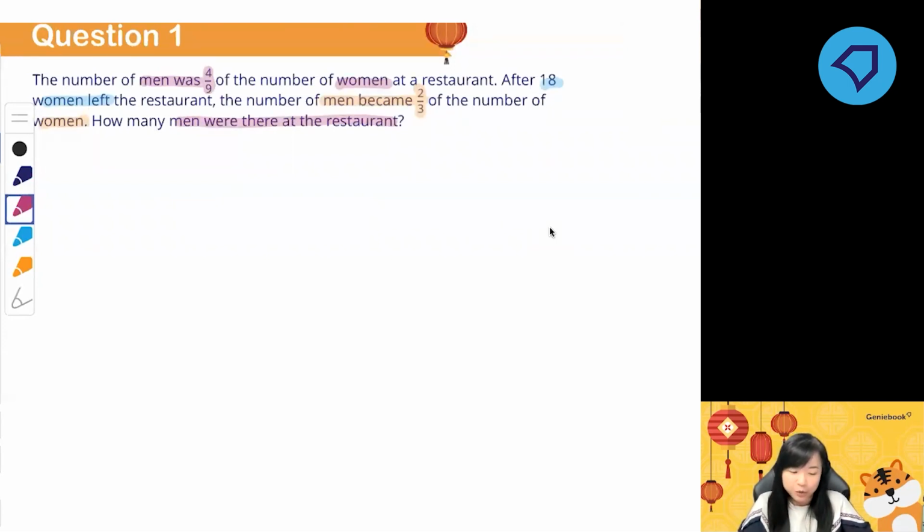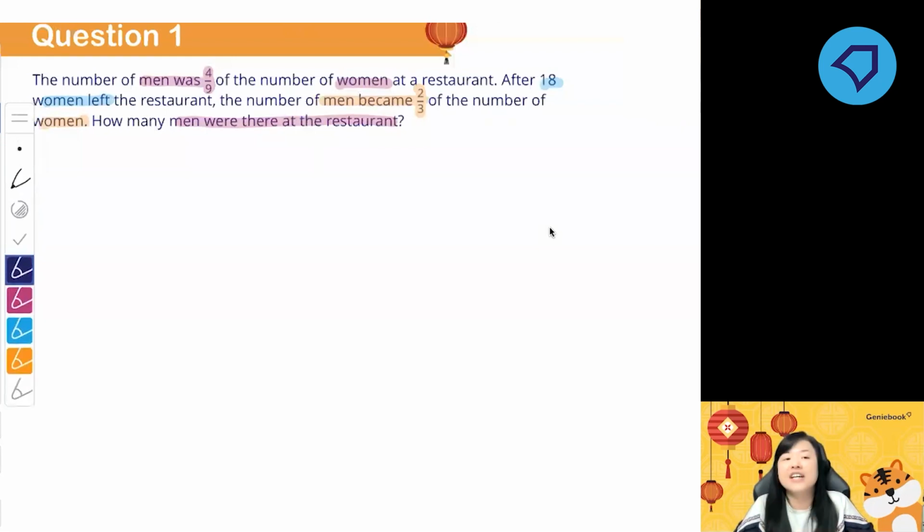Let's look at the first sentence. If they say that the number of men was 4/9 the number of women, the 4 in the fraction belongs to the men. Good job. The numerator belongs to the first quantity. Denominator belongs to the second quantity.